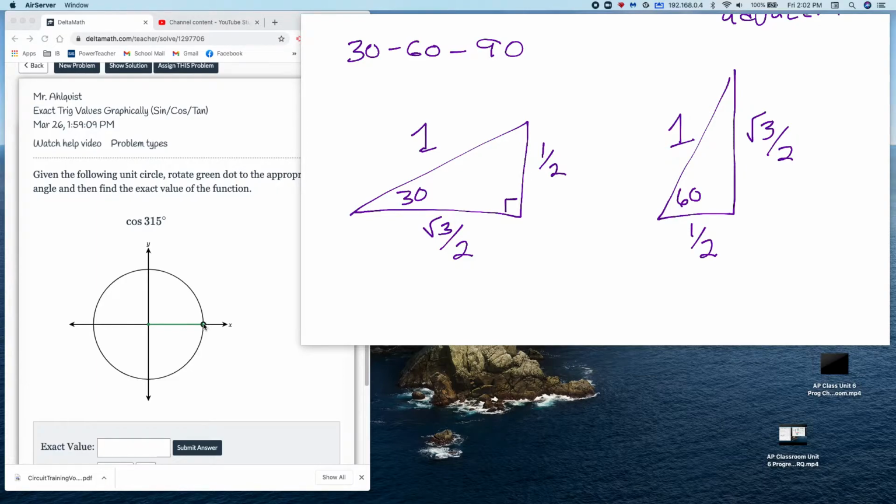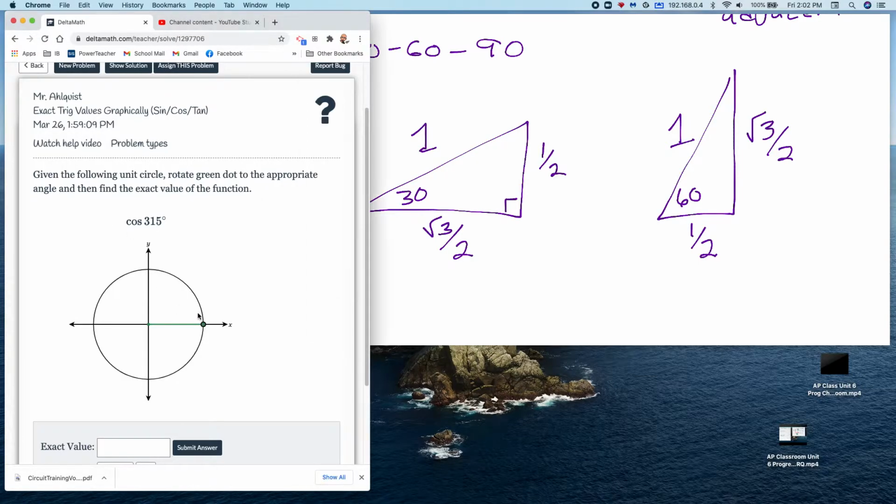So let's take this problem over here. Given the following, rotate the green dot to the appropriate angle and find the exact value. 315. So 315, you're going to rotate that all the way around. If we went all the way around to 360, that would be where it is. Now you look at this.